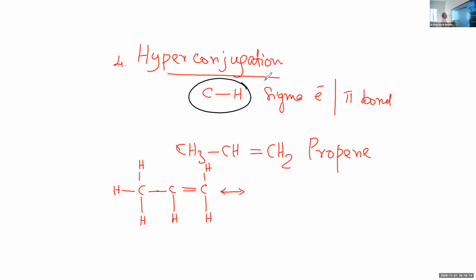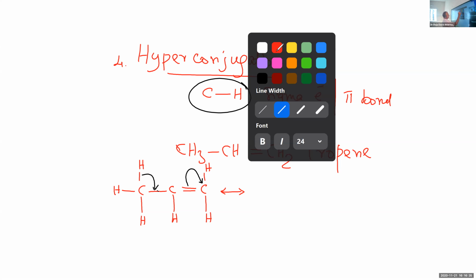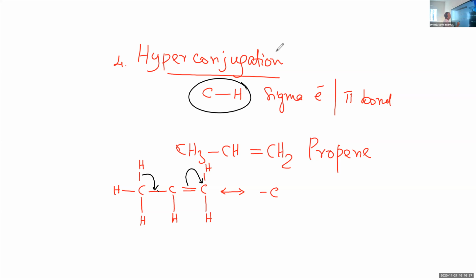See here, this carbon-hydrogen electron pair is shifted like this. And then the pi electrons will be remaining with the CH2 group. So what will be the new structure formed? Here there is the structure like this. See carbon, sigma bond hydrogen, and the electron pair is shifted, so there will be a double bond.